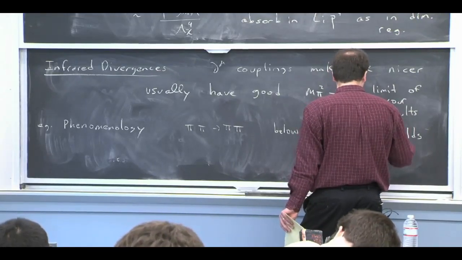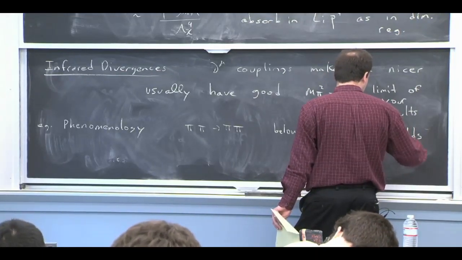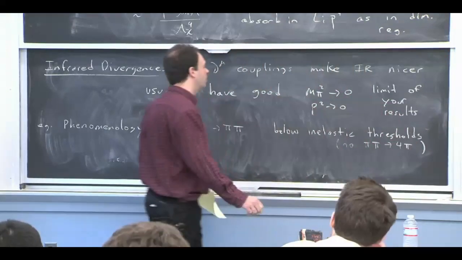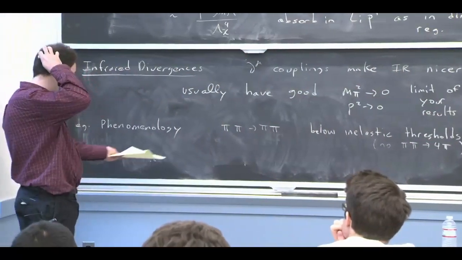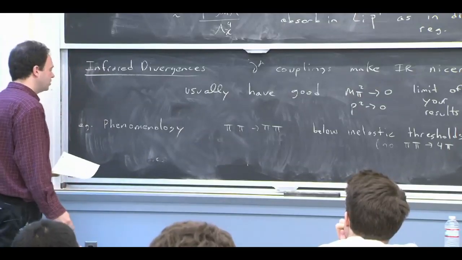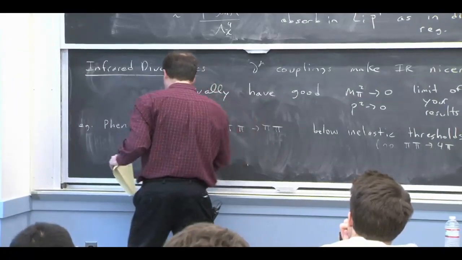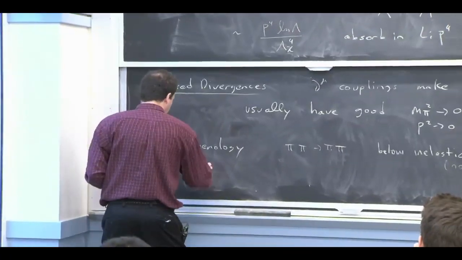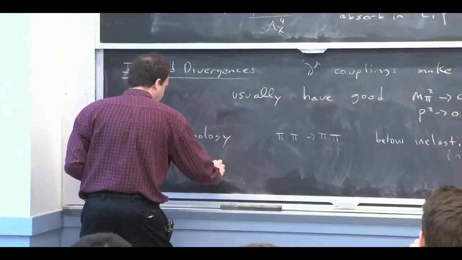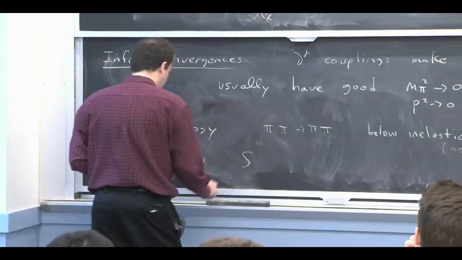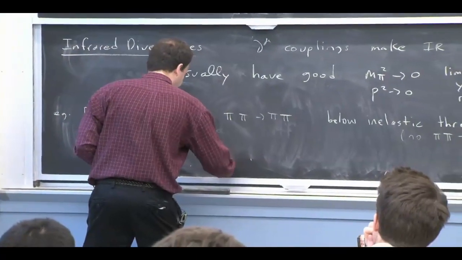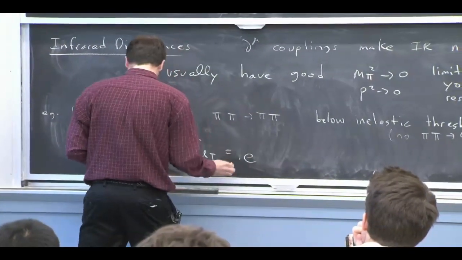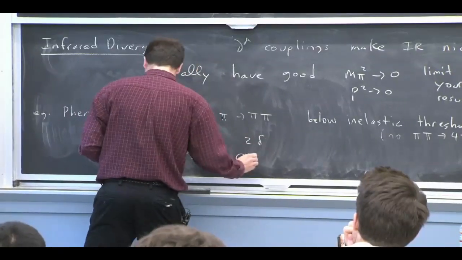You could look at pi goes to 4 pi, and that's something you could actually look at in chiral perturbation theory. But if we look at just pi goes to pi, where we have not enough energy to produce 4 pions, then the scattering is particularly simple. It's just described by an S matrix, which we can enumerate channel by channel. And it's just a phase.